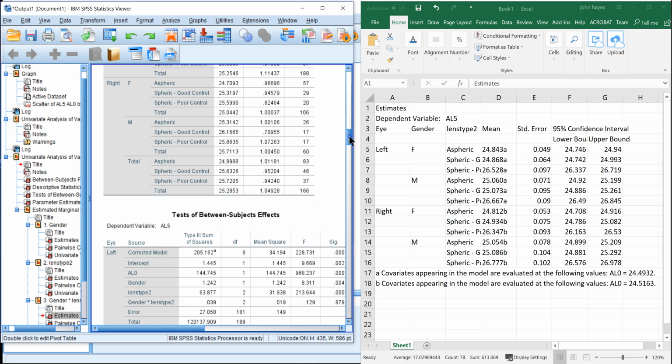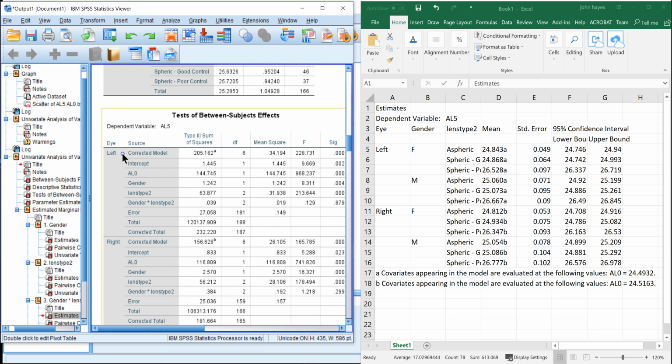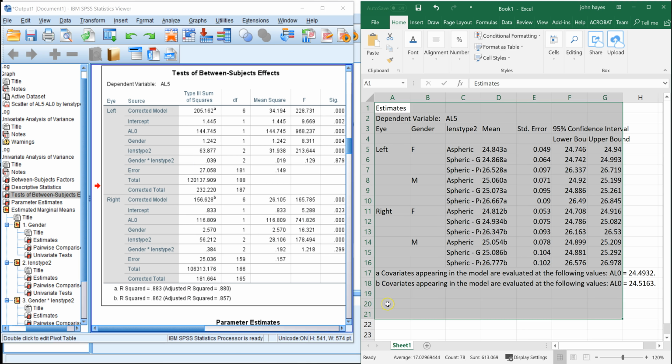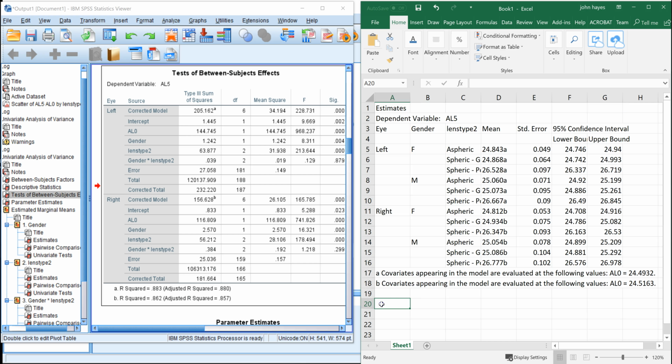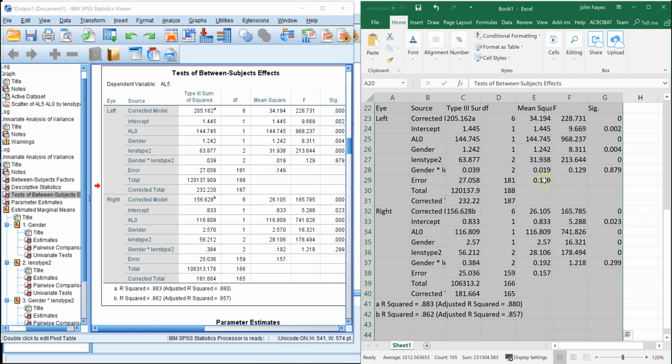But let's come up and grab the source table between subjects, useful for finding out what our mean square error is. Remember, we want this mean square error, which is a lot smaller than the mean square error if we just do the analysis of variance.